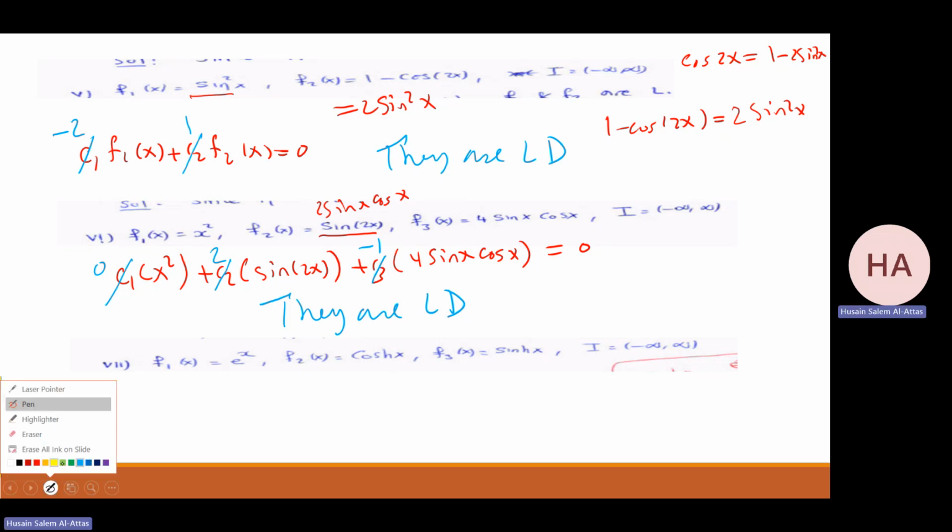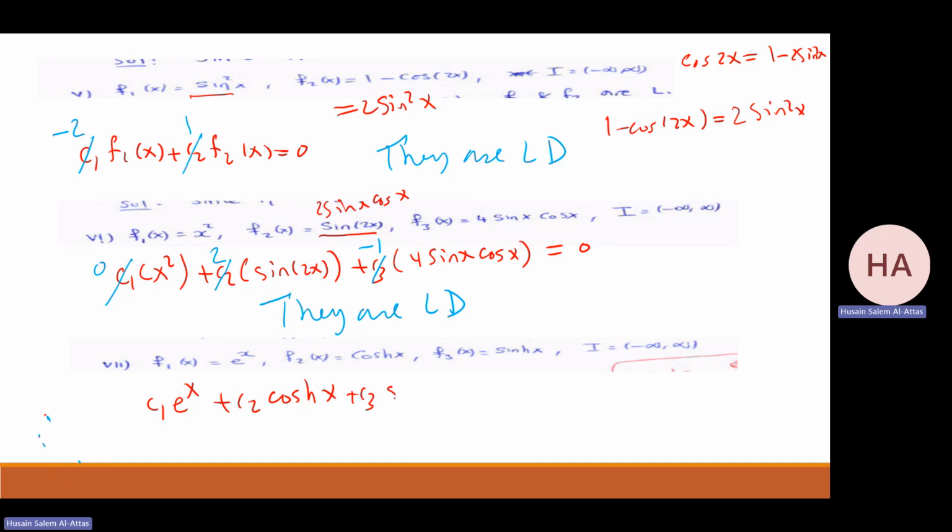Last one. I have C1 e to the power x plus C2 cosine hyperbolic x plus C3 sine hyperbolic x equals 0. Don't forget, cosine hyperbolic x plus sine hyperbolic x is equal to e to the power x. You know this formula from Math 101. Easy to prove.